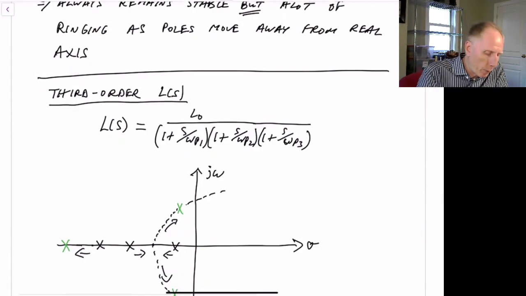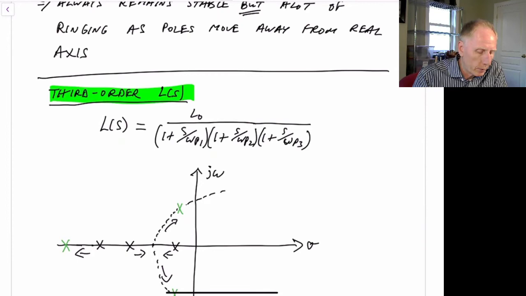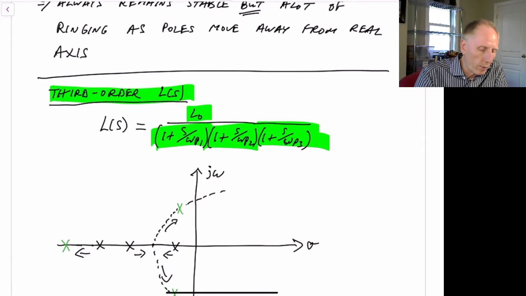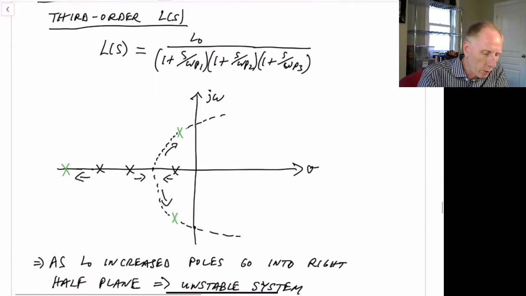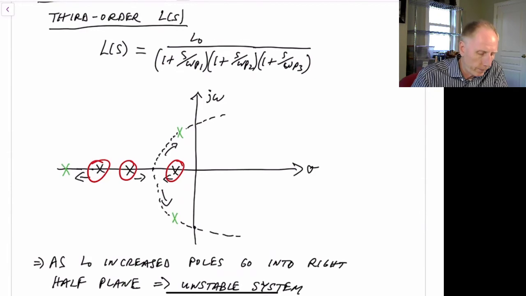The third example we want to look at is also a third order case, and L of S is equal now to L naught divided by 1 plus S over omega P1 times 1 plus S over omega P2 times 1 plus S over omega P3. In this case, you can show that as L naught is equal to 0, you end up with essentially these three poles here.